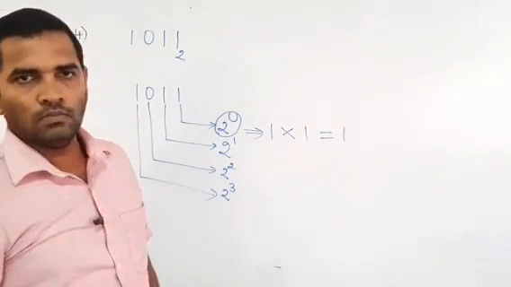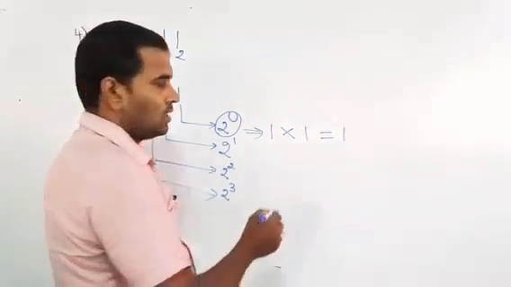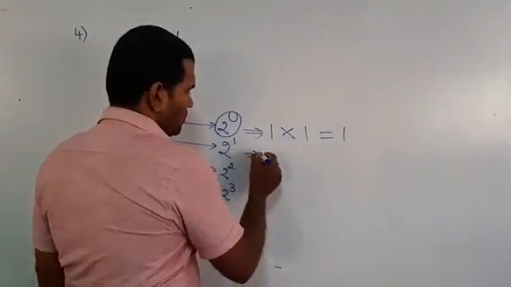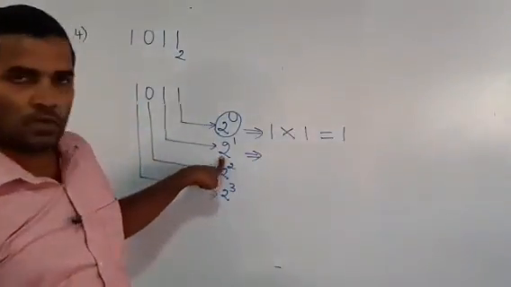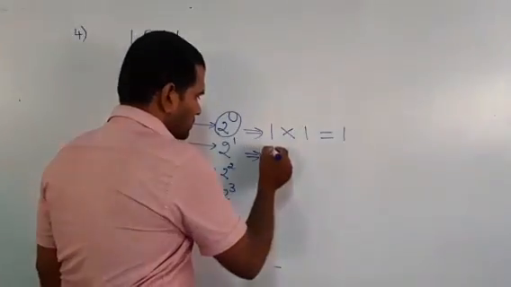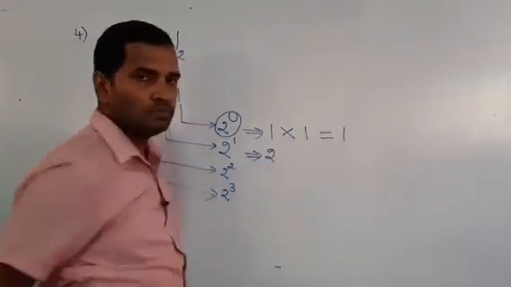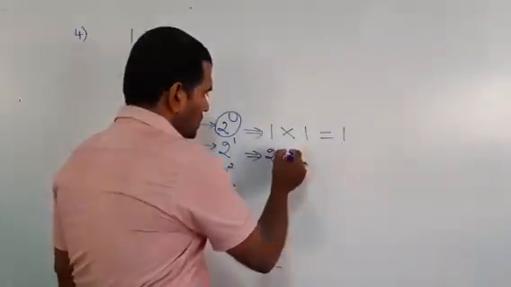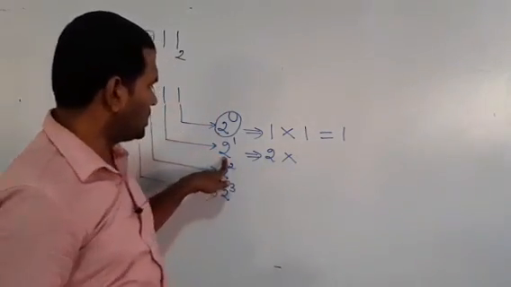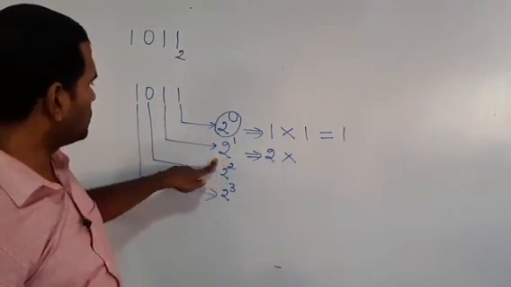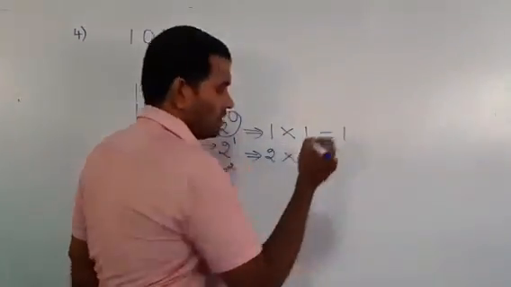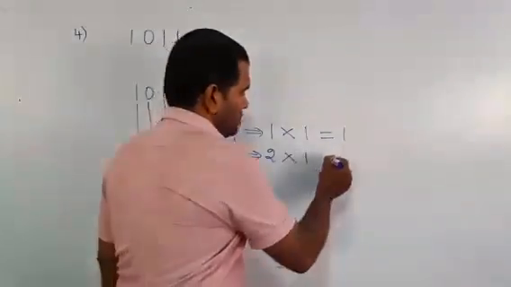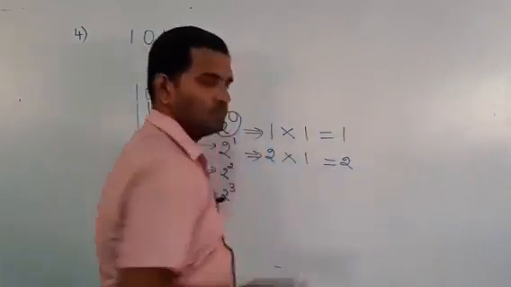Apply the same method to the rest of the values. Let's move to the second one. It is 2 to the power 1. Always it's 2, times the digit which belongs to this position. It's 1. So it must be 2.